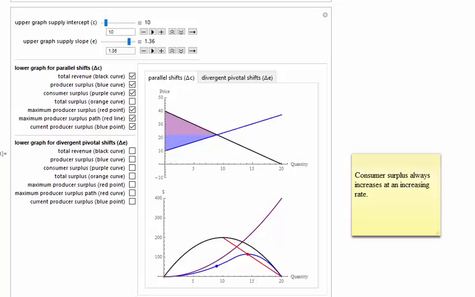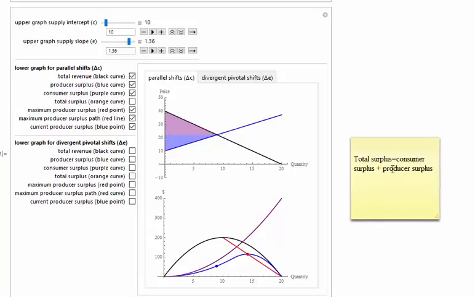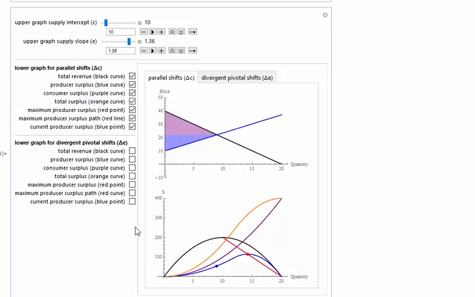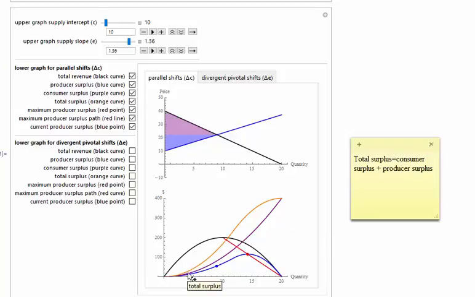Well, the next question is, what happens to total surplus? Remember that total surplus is equal to consumer surplus plus producer surplus. Let's click over here to show total surplus. It must start at zero. Our consumer surplus is increasing at an increasing rate at all times.